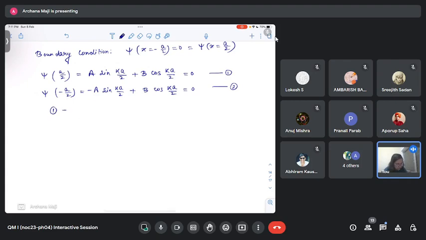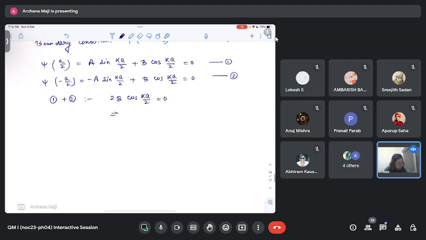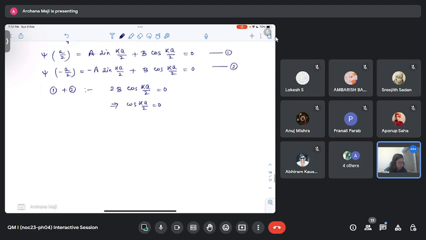Now let us add 1 and 2. What are we going to get? This will give us 2B cos(ka over 2) equal to 0, or cos(ka over 2) is equal to 0. So what should be the argument of cos when it has to be 0? It should be (n plus 1) pi by 2 for n equal to 0, 1, 2 and so on.